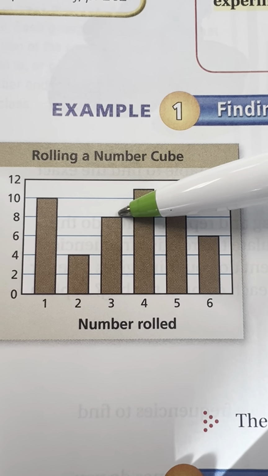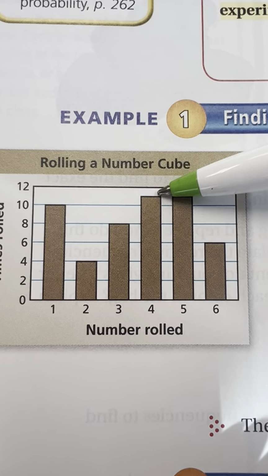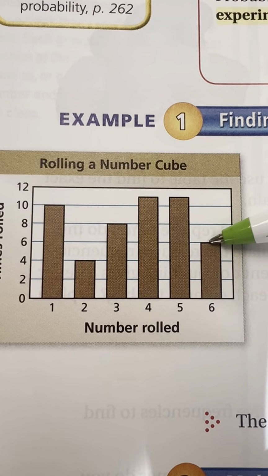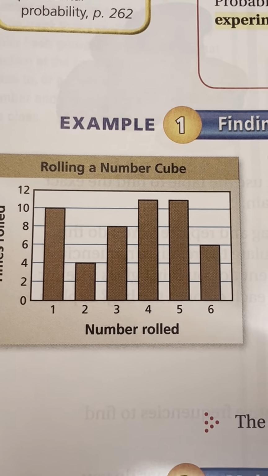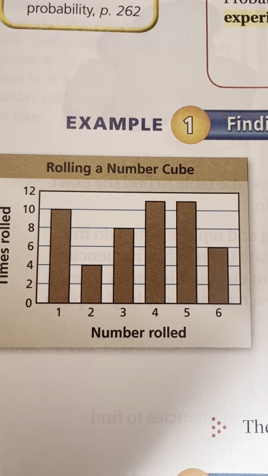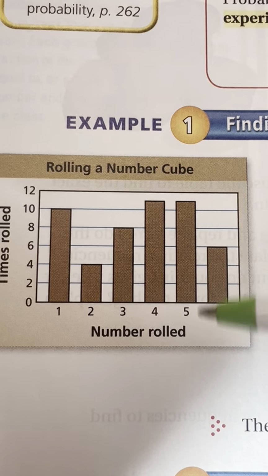A 3: 8 times. A 4: 11 times. A 5: 11 times. A 6: 6 times. Add those up: 10, 4, 8, 11, plus 11, plus 6, and that equals 50. That tells me the number of trials, or the number of times they rolled that cube.